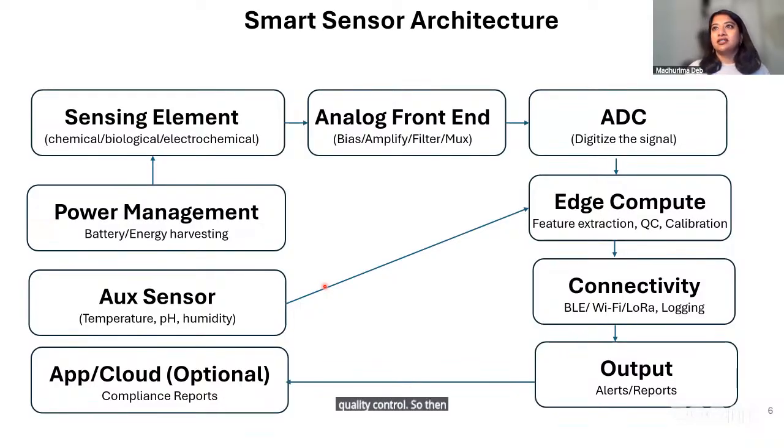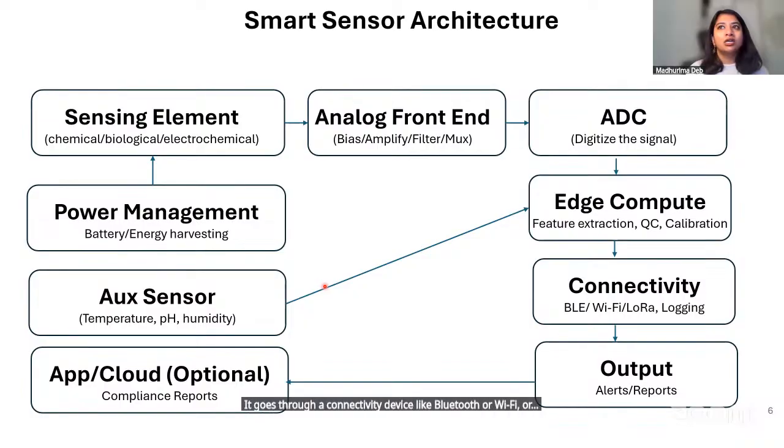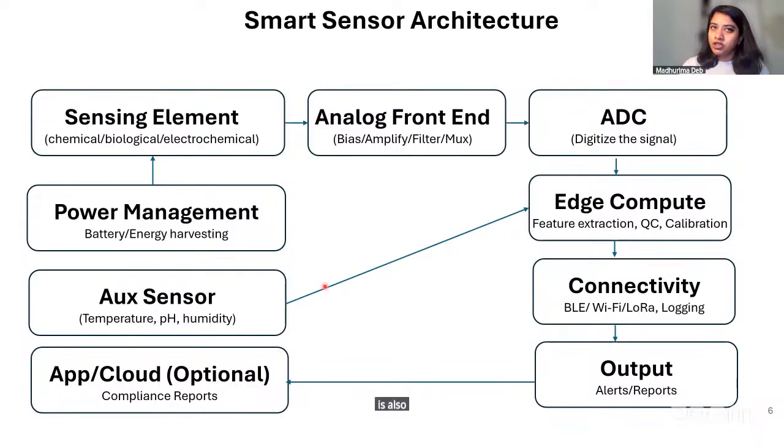Then comes the connectivity. The calibration data or measurement data goes through a connectivity device like Bluetooth, Wi-Fi, or a long-range device, and then goes to the output, which provides us the alerts or reports. The app or cloud is also an option.